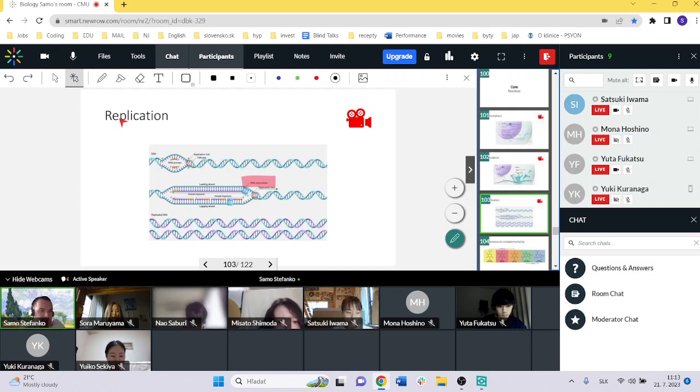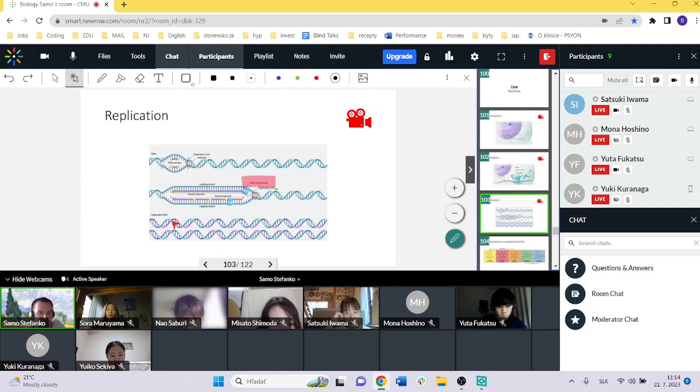As we see, at the beginning there is one double-stranded DNA molecule, and at the end we have two double-stranded DNA molecules. However, they are in different colors. This is the old molecule in blue, and the newly synthesized one is in purple.